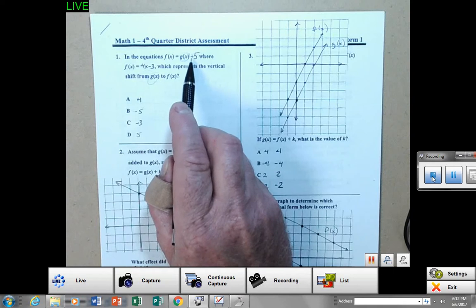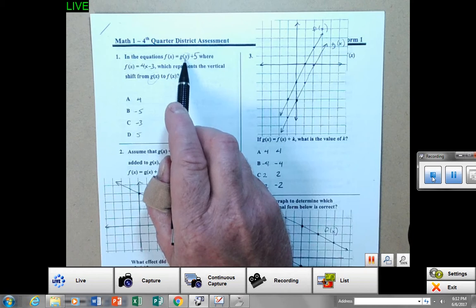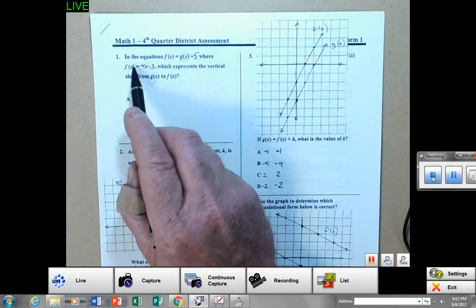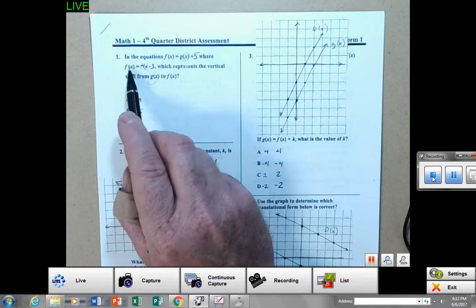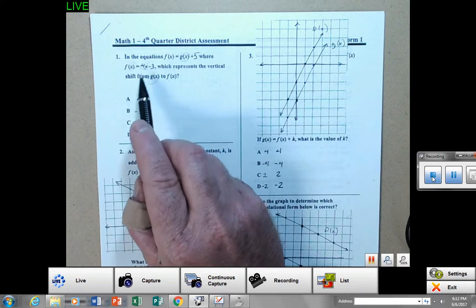This is what I do once I plug that original equation in there. So once I plug in g of x, I'm then going to take that and shift it up the y-axis 5 points. This is kind of misleading. This is the equation after the transformation, so this has none of the vertical shift numbers in it.